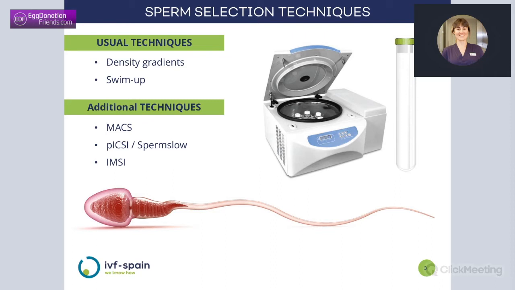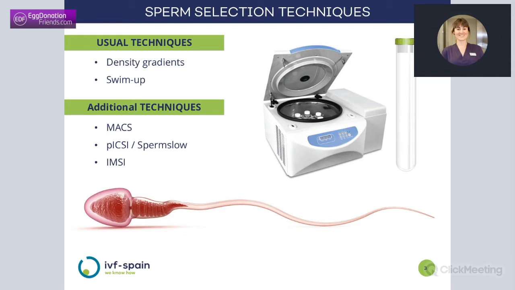When we retrieve the eggs, the first thing that we will do is to remove the cells that surround the eggs to see if the eggs are mature and if they are viable to be fertilized. But eggs are always limited in number. So basically, no such thing as a technique to select the eggs exists because all the viable eggs, if they are mature, will be fertilized.